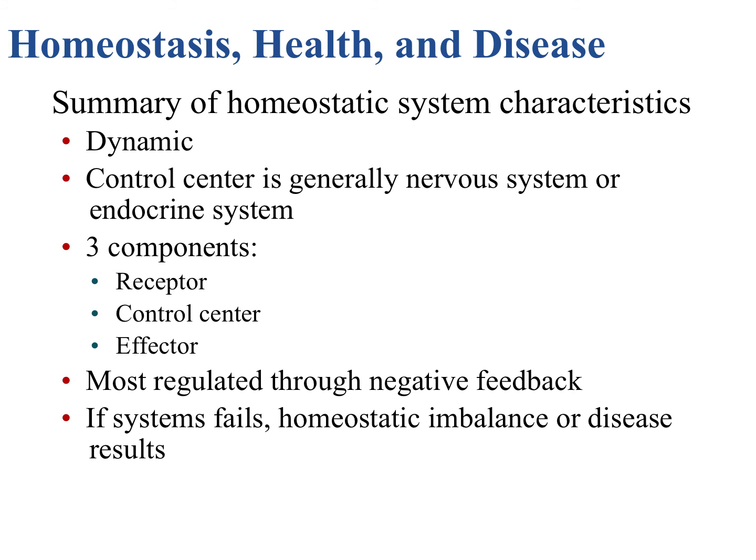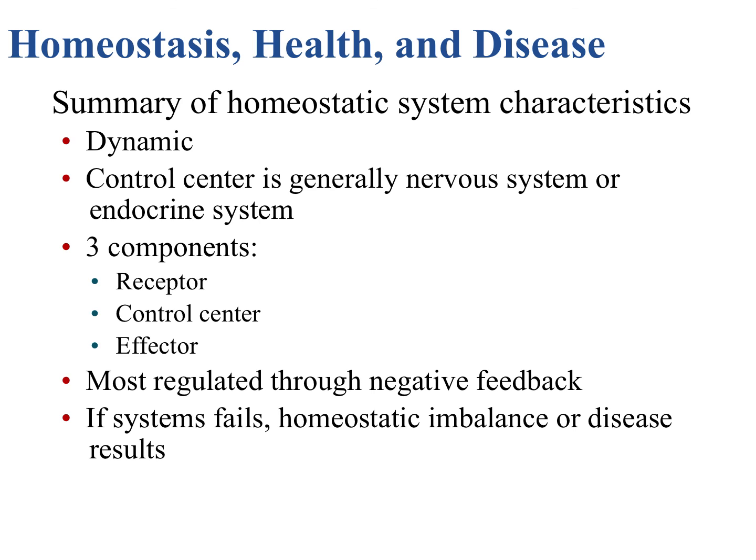Now, most of these homeostatic mechanisms, like I said, negative feedback, right? They are dynamic. What does dynamic mean? Are they the same all the time? No, they're not. They're dynamic. They can change, right? They actually respond to changes. Control center is generally the nervous system, right, or the endocrine system?